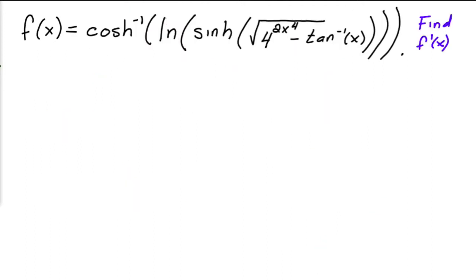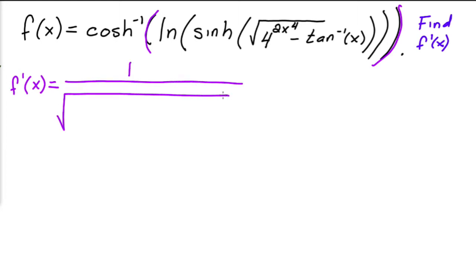Alright, so we've got some insane madness here. We want to find the derivative of this whole thing. And so we're going to crack at it one step at a time. So looking at the most outside function, I've got this guy right here, inverse cosh. And its derivative is 1 over the square root of x squared minus 1.